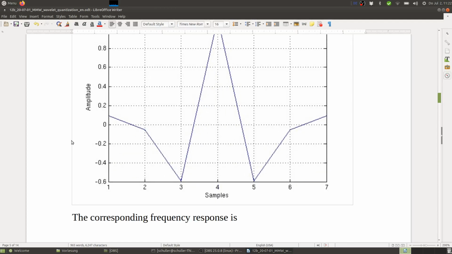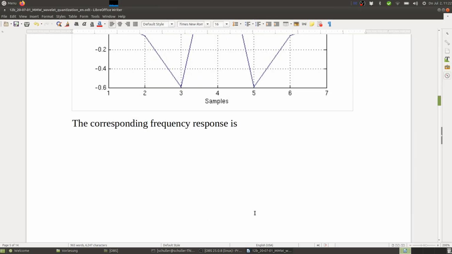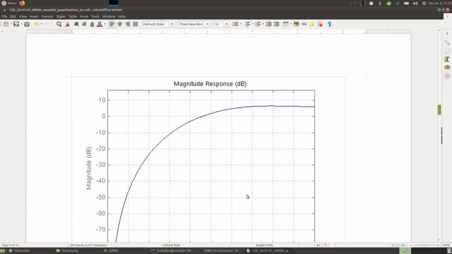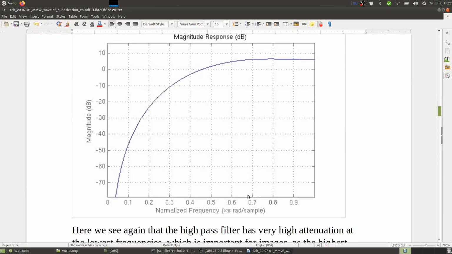So you can see it has more changes in the sign, which is a typical sign for a high pass. And here's the resulting frequency response. So it pretty much looks simply like the flipped version of the low pass. Now here, this is the passband from 0.5 to 1. And then here we have our transition band, and then close to DC we get very high attenuation.